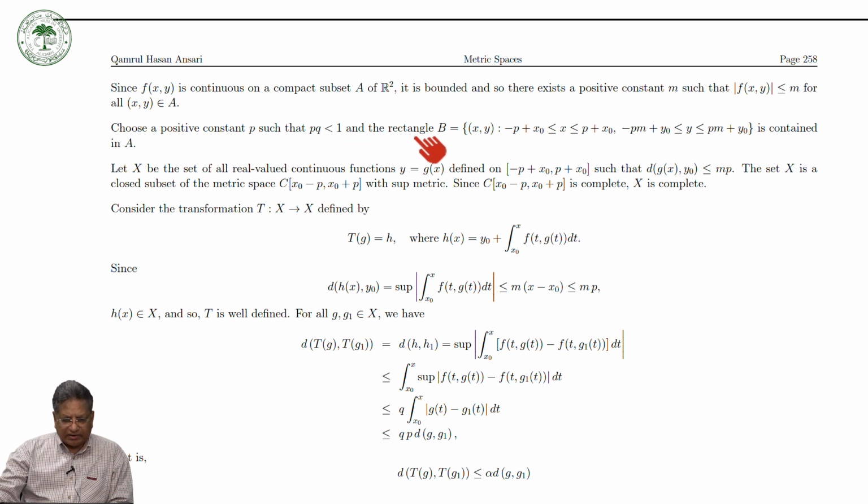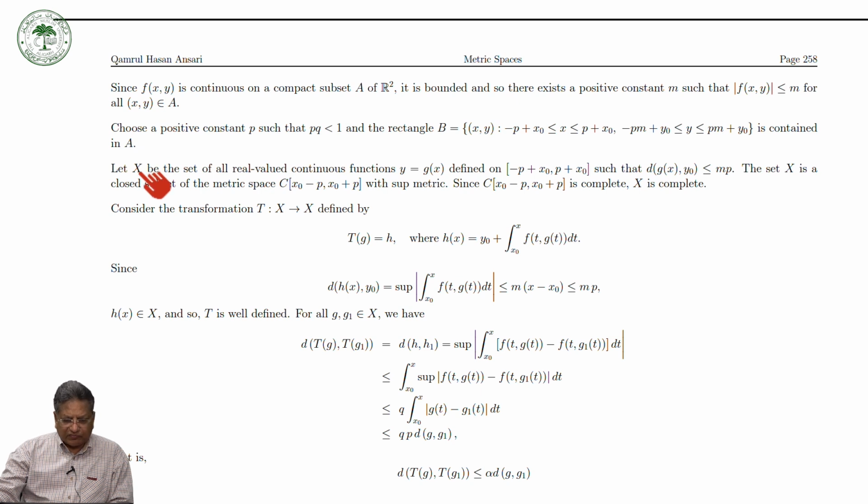And the rectangle B, we can take x lies between x0 minus p and x0 plus p, and y lies between y0 minus pM and y0 plus pM. Keep in mind M is the upper bound of this function. So this rectangle is contained in A.